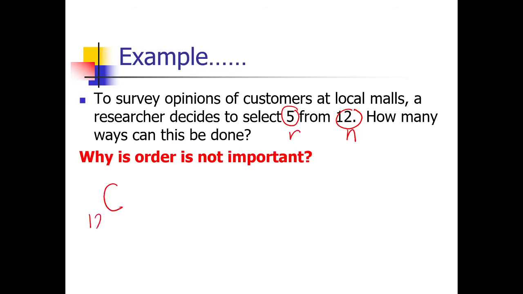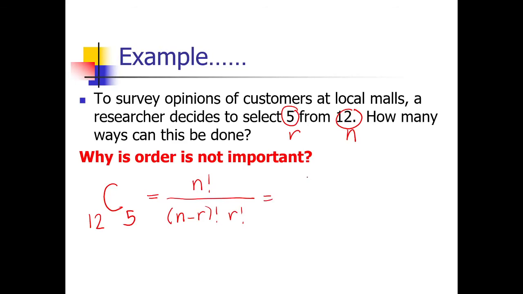Okay. Do you have your calculator with you, Section Zircon? What is the combination of 12 taken 5 at a time? Let's solve this manually first. N factorial over N minus R factorial, R factorial.